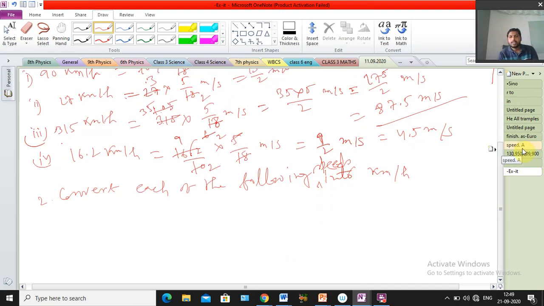In the data, first just write the data given here. 35 meter per second, number 1. 35 meter per second, number 2. 14 meter per second, number 3. 60 meter per second, and number 4, 3.5 meter per second.